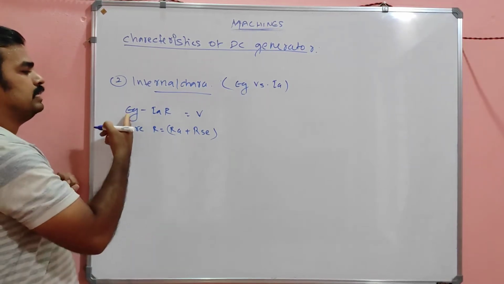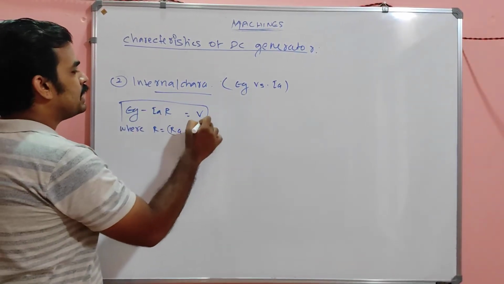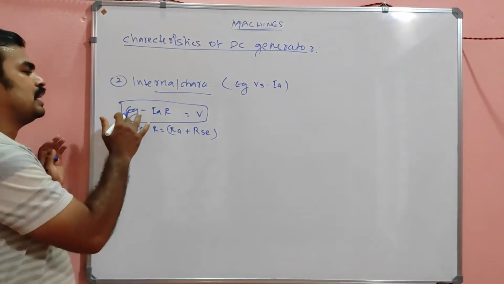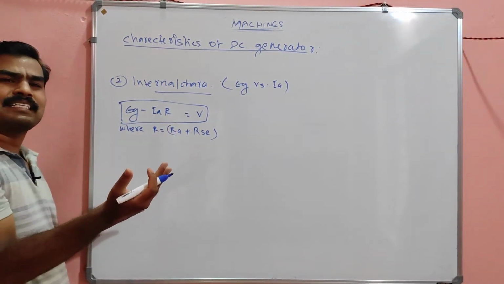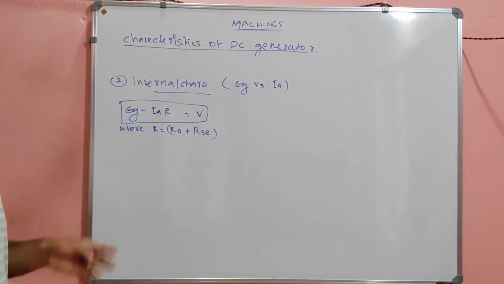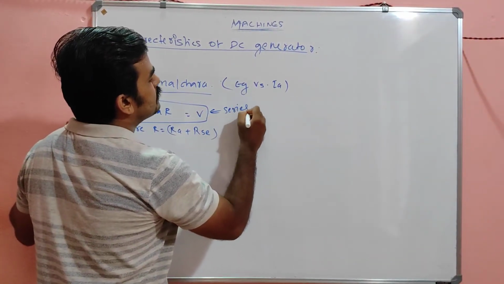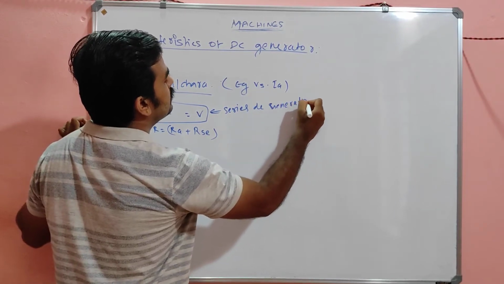This is the terminal voltage equation for the DC series generator. For shunt, it is Eg minus Ia into Ra, there is no Rc.